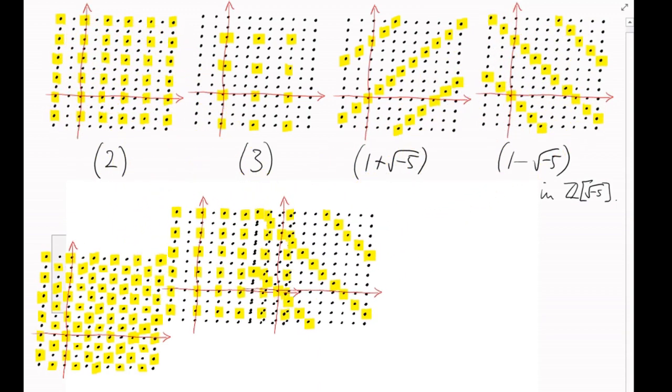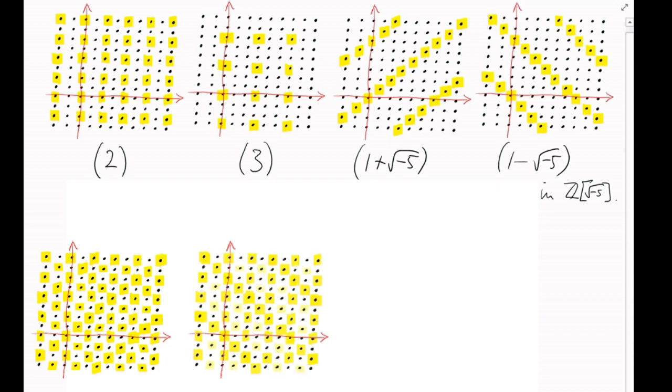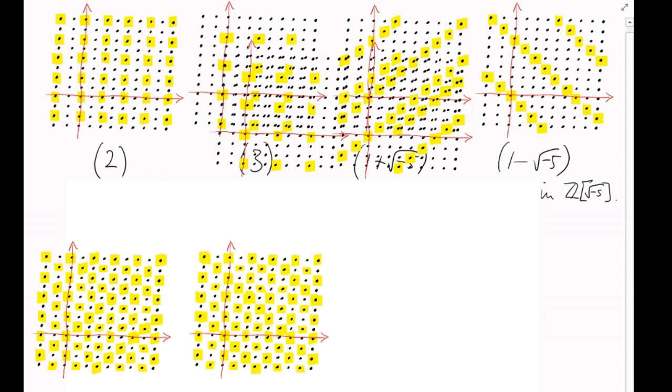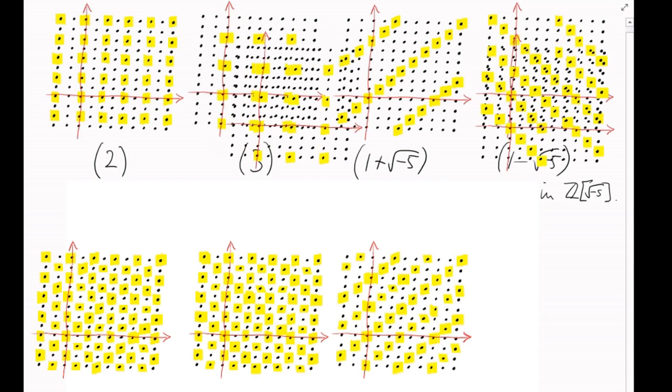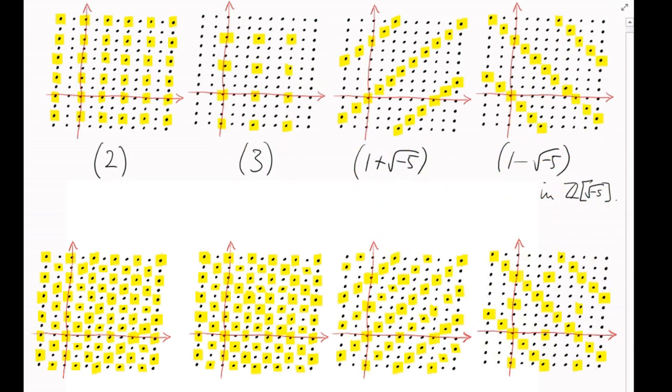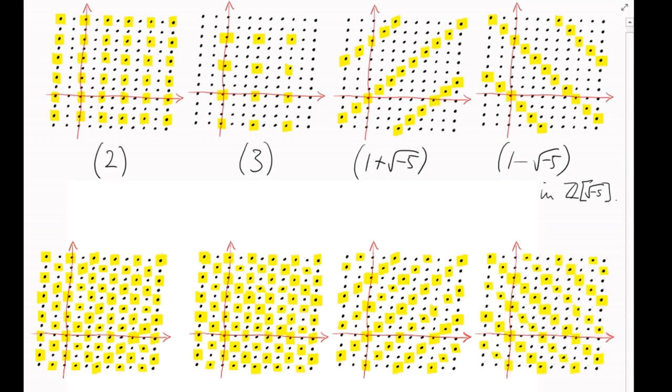Here's P2, P3, and P4. Notice, by the way, that P1 and P2 are the same. We'll come back to that. It's a good exercise to check that when you multiply P1 and P2, you get the ideal 2. When you multiply P1 and P3, you get the ideal 1 plus root minus 5, and so on, like I promised in my previous video.